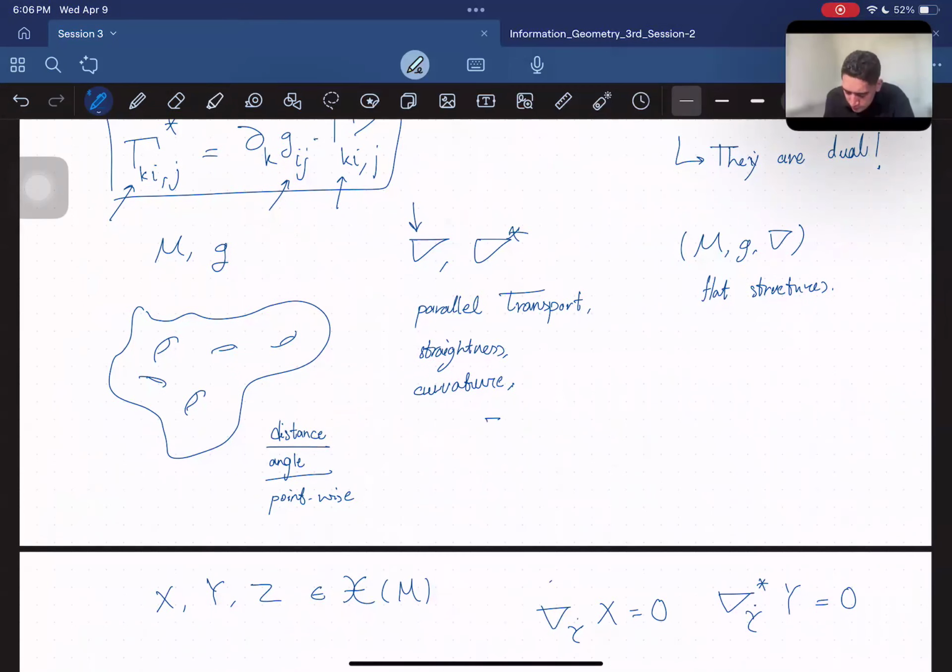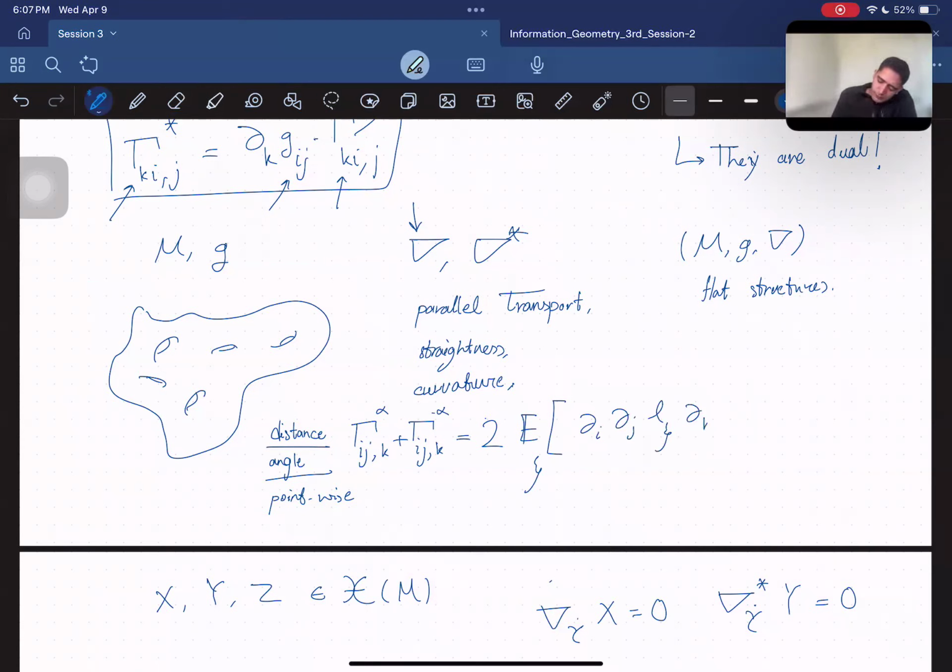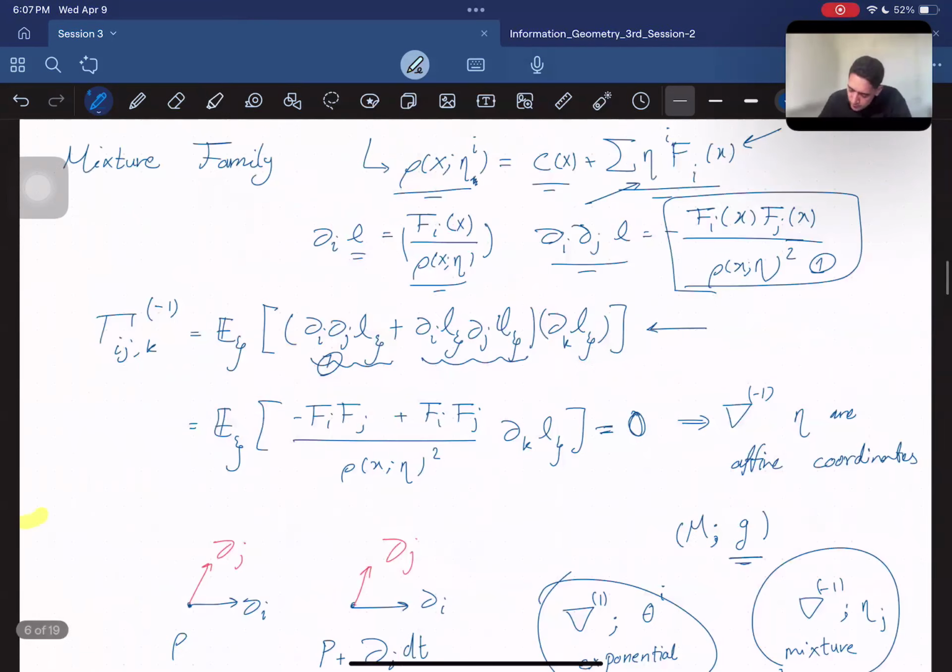So it would give you, if I calculate T_ijk of alpha and T_ijk of minus alpha, it would give me 2 plus... just to make sure I did everything correctly.